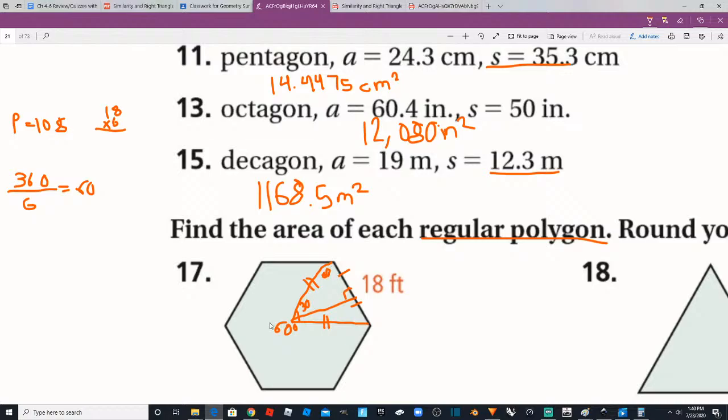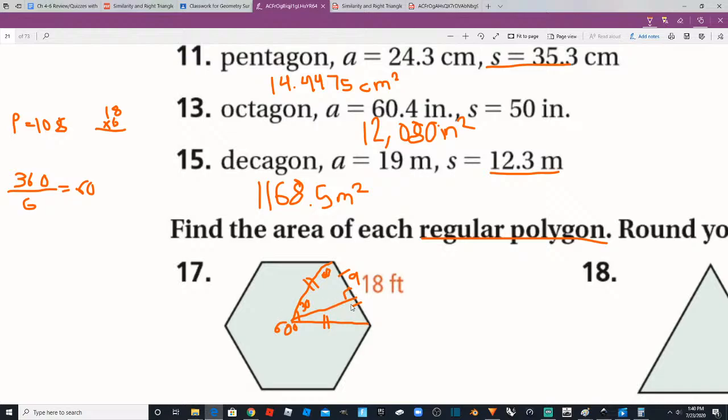Let's take this triangle right here. We know 30, 60, 90. And we also know this side length. This side length is 18, but this one will be 9 because this triangle is split up into two pieces. Okay?